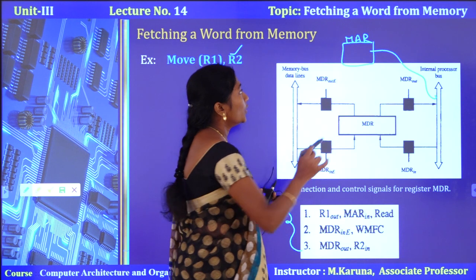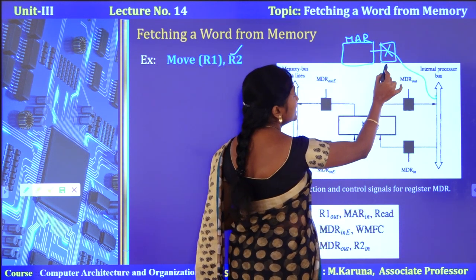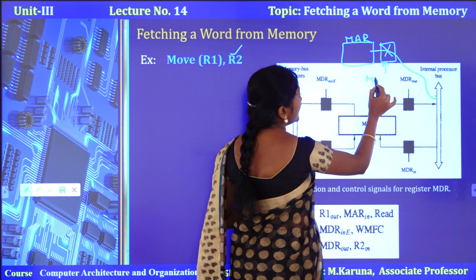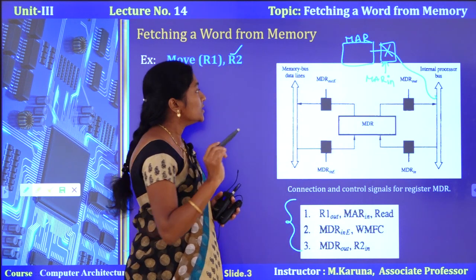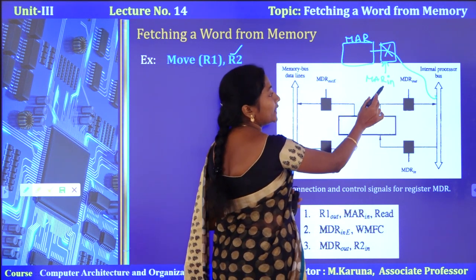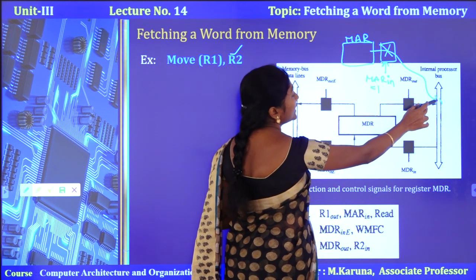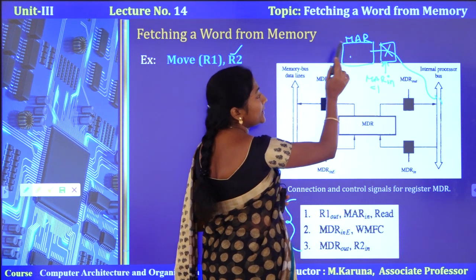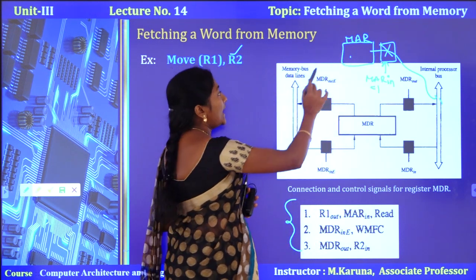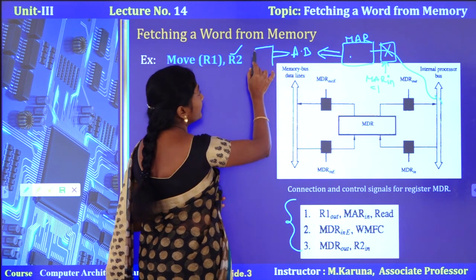This MAR register will be activated by the control signal MAR in. Whenever MAR in is equal to 1, the address sent by the processor will be loaded into the MAR register. Then the MAR output will be connected to the address bus of the memory.